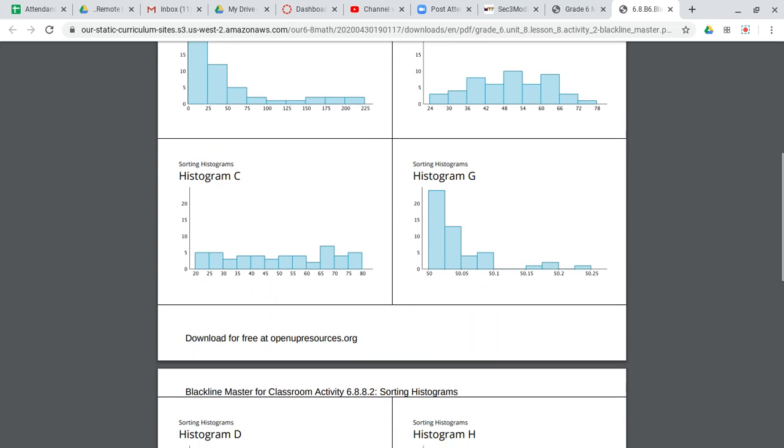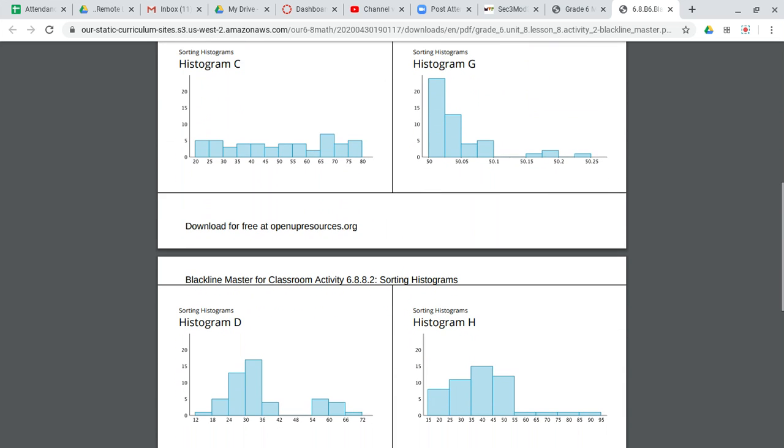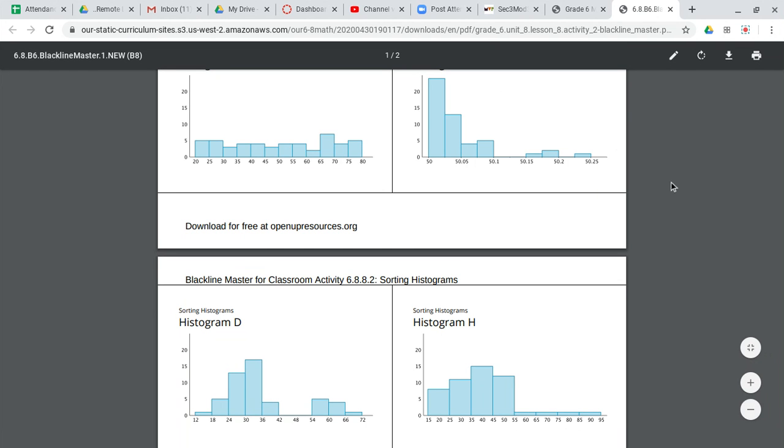All right, let's look at a few more. We've got histogram C. Is it symmetric? It starts off being about the same, then down, down, down, up, way higher, and then, so no, not really. What about histogram G? Yeah, definitely not. We start really high, and then we go down to really low.